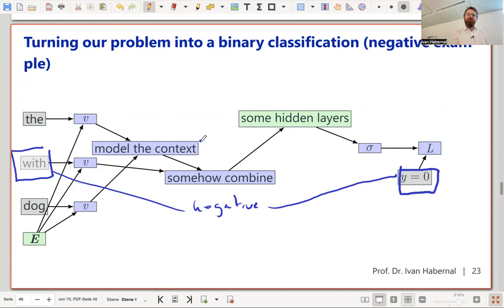Then we take the previous word and the after word, do this lookup, and somehow get them together. I don't know how yet; we'll decide it. Then we take this word as well, represent it as an embedding vector, and we need to combine the context and the target word somehow, maybe add some hidden layers, and then the sigmoid afterwards. So we're simplifying the neural language model to learning embeddings. Any questions?